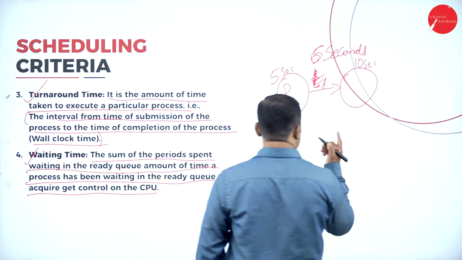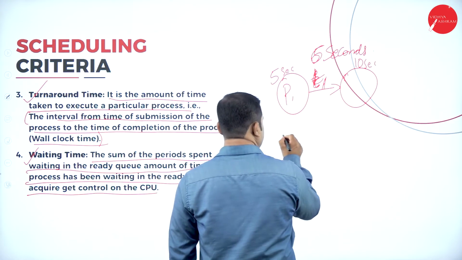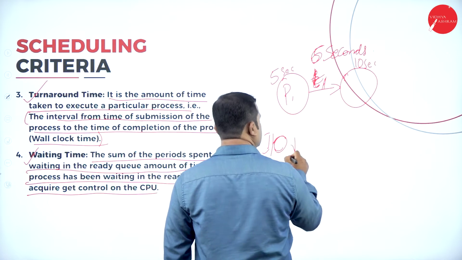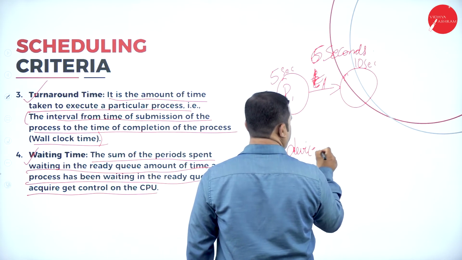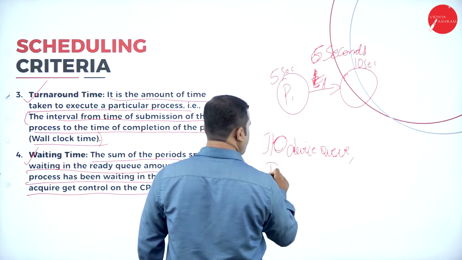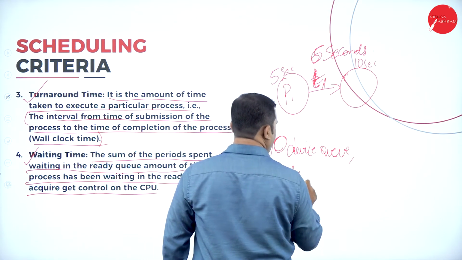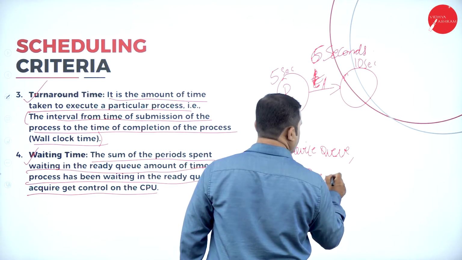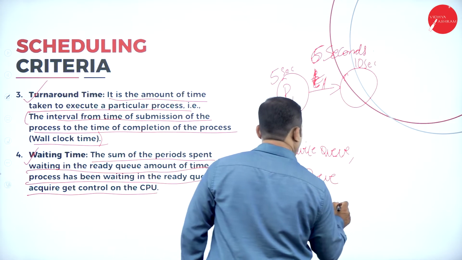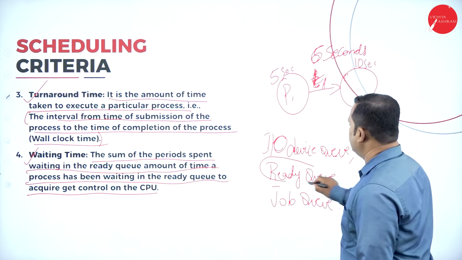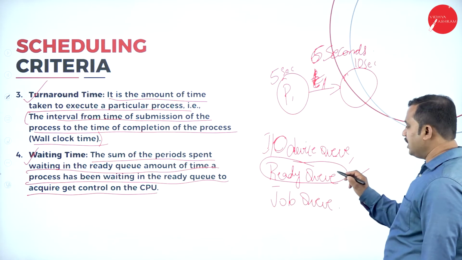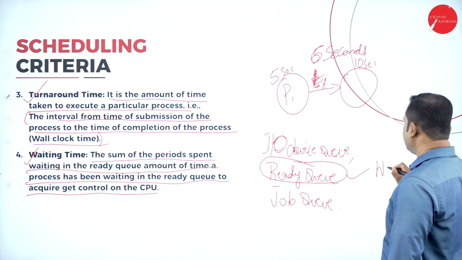We have different types of queues like the IO queue or device queue, the ready queue, and then the job queue. Among all these, the time spent waiting in the ready queue is called waiting time.